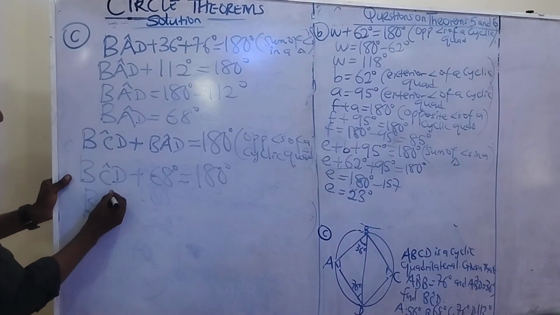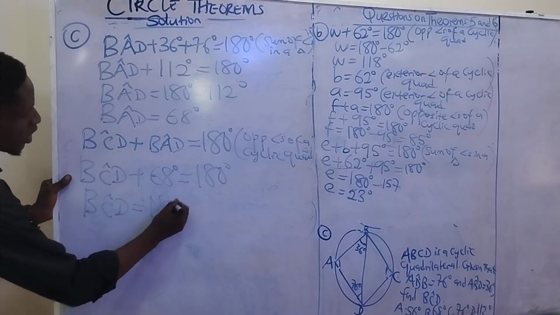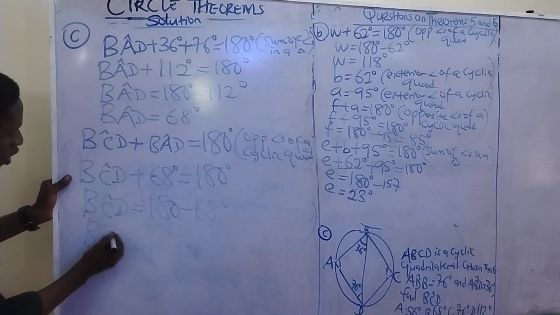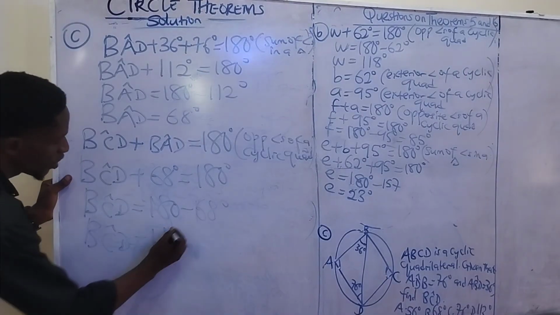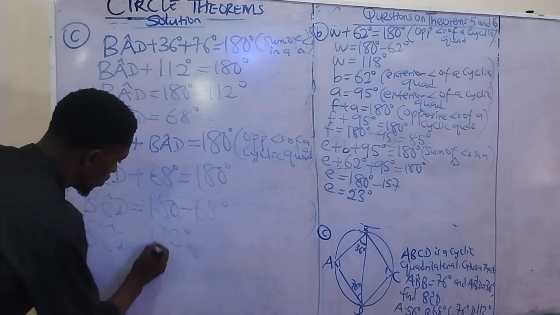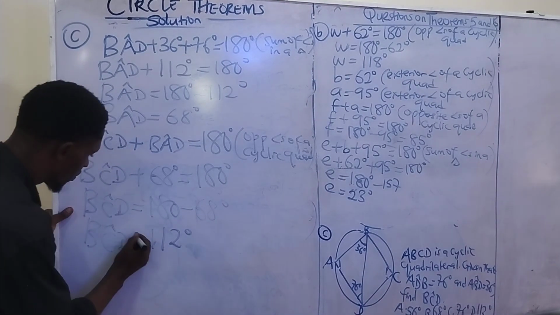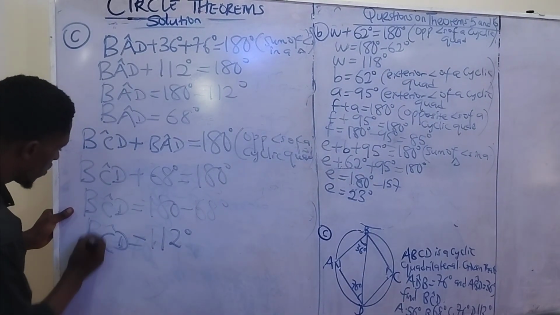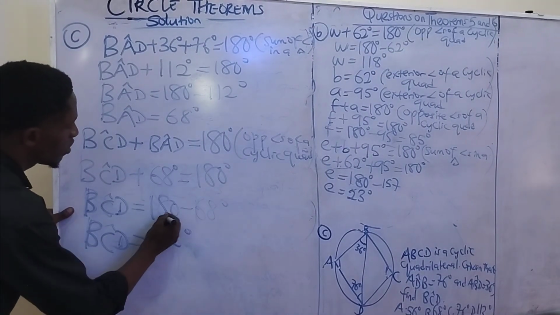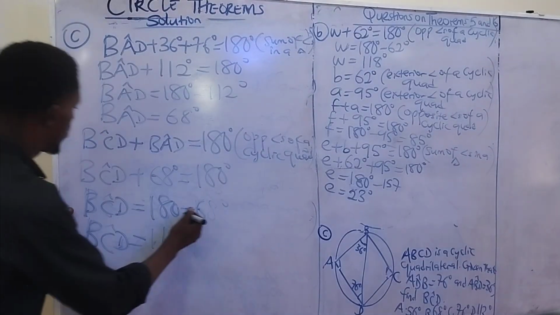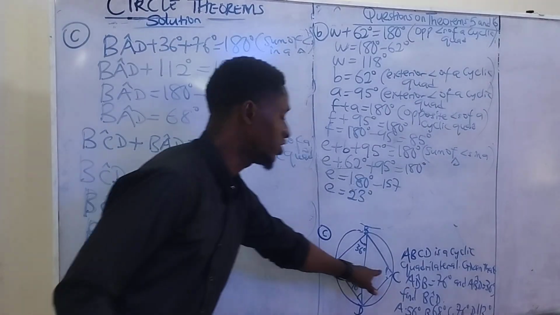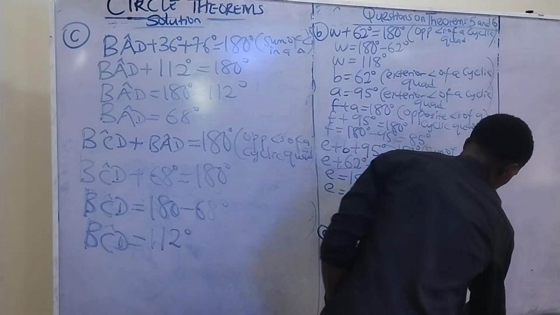So BCD is equal to 180 minus 68, which should give us 112 degrees. So our answer is 112 degrees. BCD, 180 minus 68. So this plus this, you know how we got this. They are facing each other. So the answer is option D.